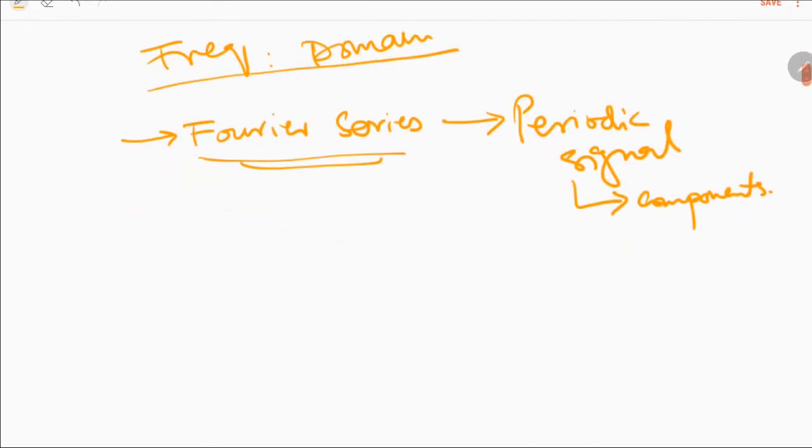But after some time we realized that not all the signals we deal with are periodic signals, right? A lot of them are non-periodic. So to deal with non-periodic signals, what we came up with is the Fourier transform, right?